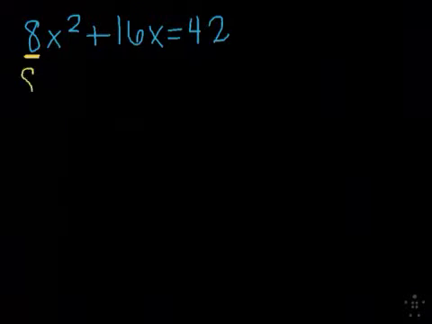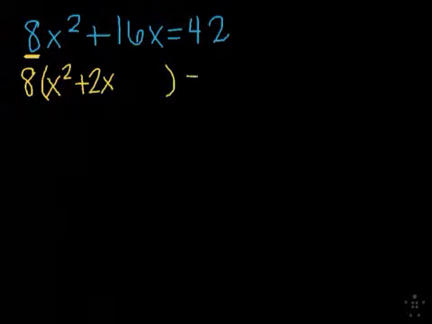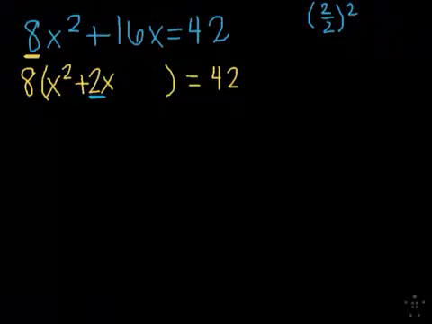So if I factor out an 8, I'm left with x squared plus 2x equals 42. All right, so now we're going to take half our middle number and square it. So half of b, 2 divided by 2 squared. 2 divided by 2 is 1. 1 squared is 1.